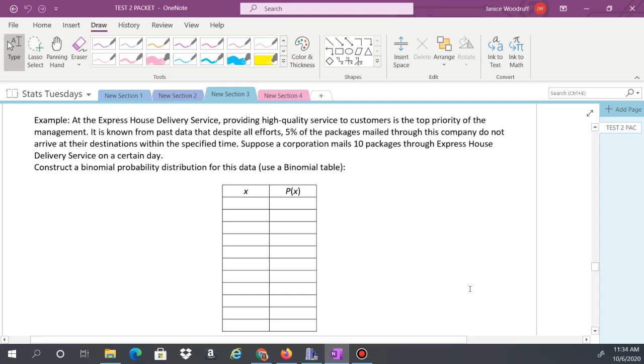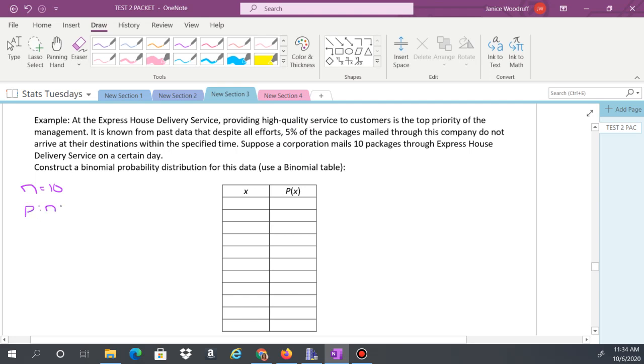Okay, so what we're going to do here is let's find our variables. So n, okay, we're mailing 10 packages. So we have 10 trials. Okay, they're all identical. The probability is that they arrive on time or they do not. So p, it's given to us in terms of the ones that do not. So that's going to be the success because we're doing it in terms of what they gave us. So your p is always what they give you.